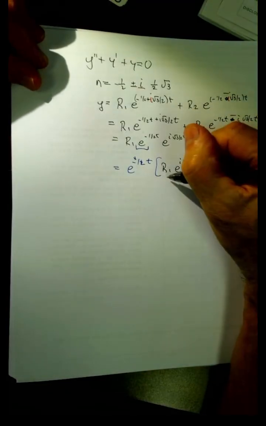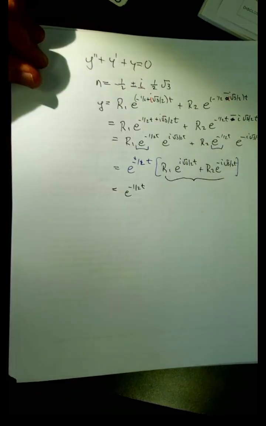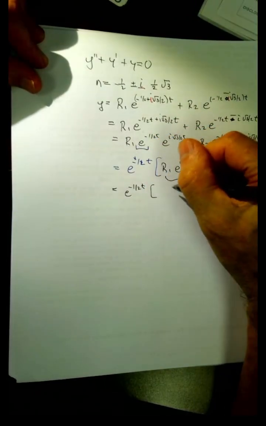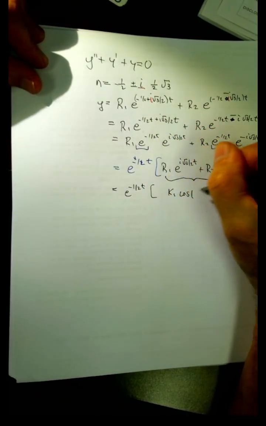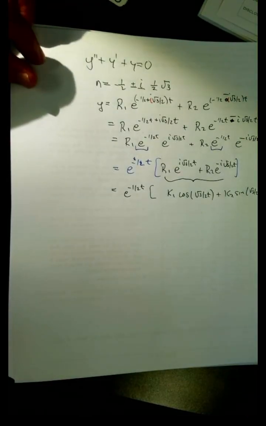And I'm not going to go through all the details, but again, just like what we saw last time, I can now write this. On the outside I have e to the minus 1/2 t. I'm going to have k1 cosine square root of 3 over 2 t plus k2 sine of square root of 3 over 2 t.